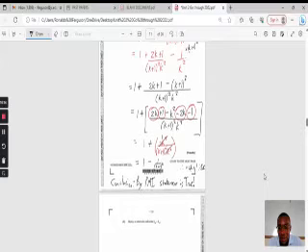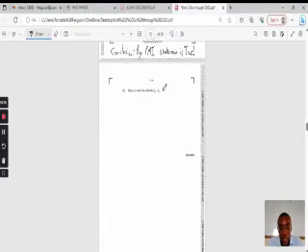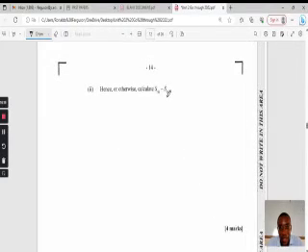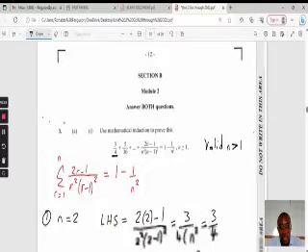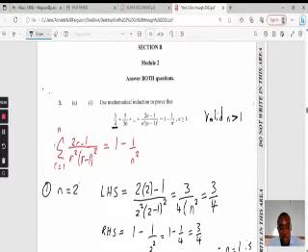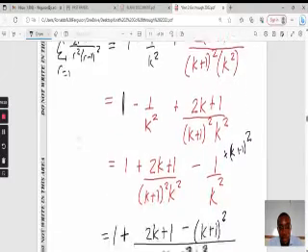I hope you understand. Now, right here it says hence or otherwise calculate S30 minus S10. So we need to work out S30 minus S10. So this is the summation, right? Remember, that was the summation.